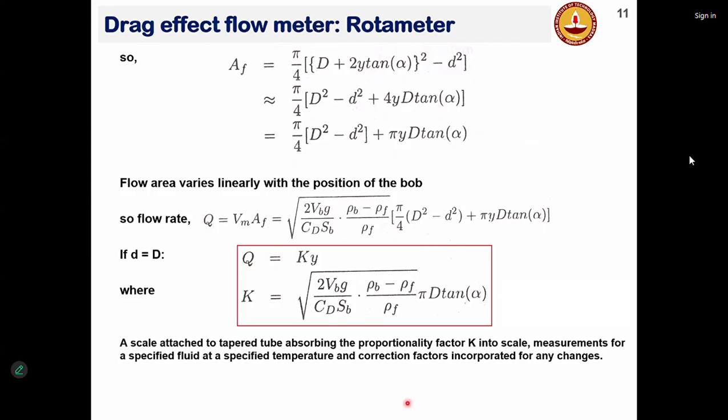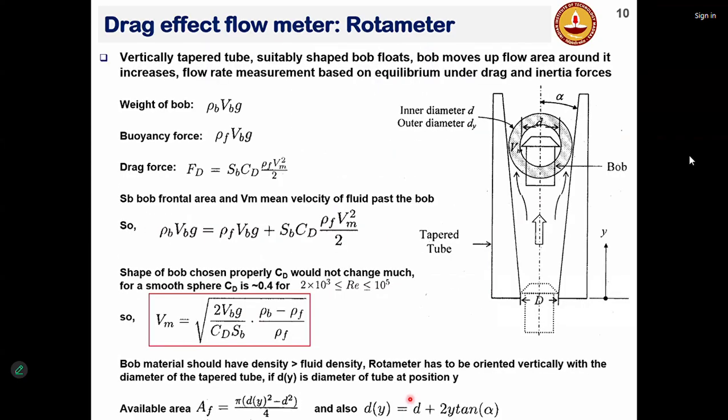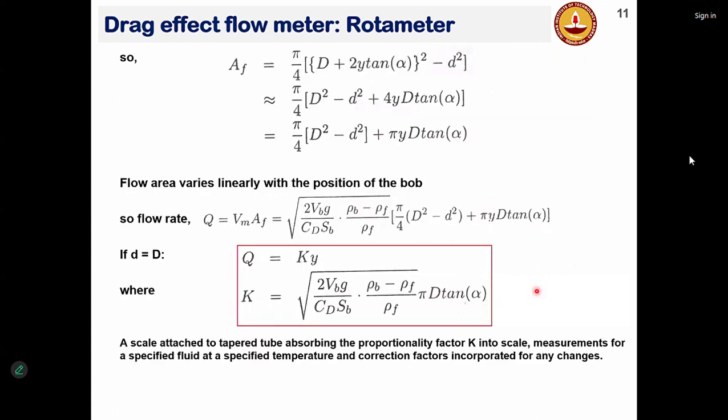So that means you can have a linear scale here. That is typically in an actual drag flow meter, rotameter, you typically have a scale here, and these graduations on the scale are calibrated with the flow rate. So depending on the bob position, you can directly read the value on the scale and convert it into the equivalent flow rate happening through this rotameter. So that is how rotameters work.